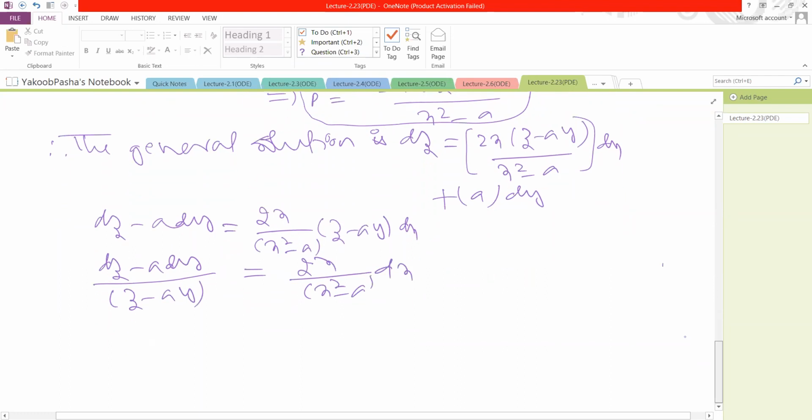Now we can write the left side as d of (z minus ay).